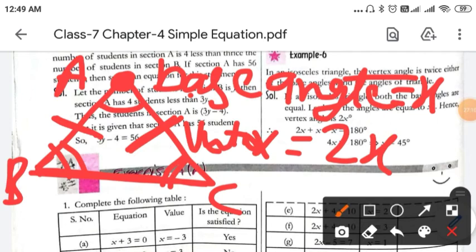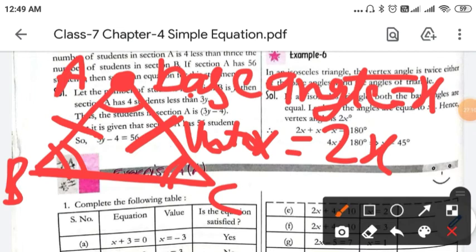Now we have discussed all these things in the previous classes. You have learned that the sum of all angles of a triangle is always equal to 180 degrees. It is called the angle sum property of a triangle.